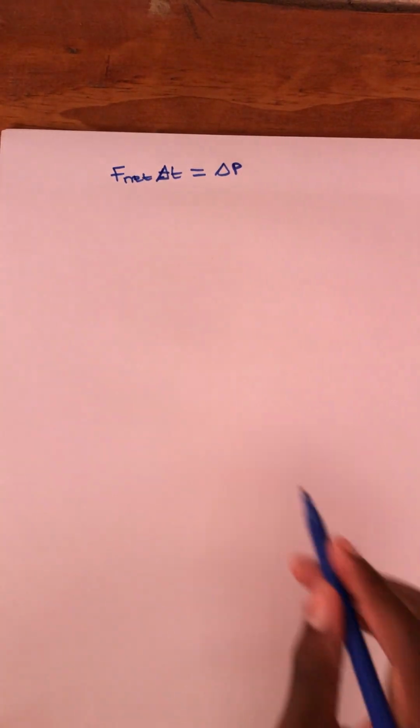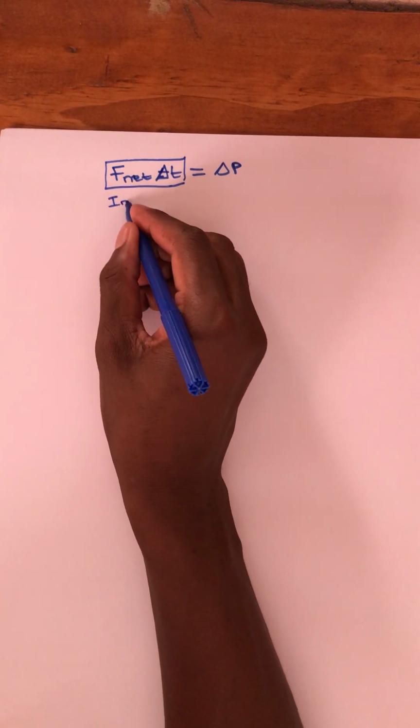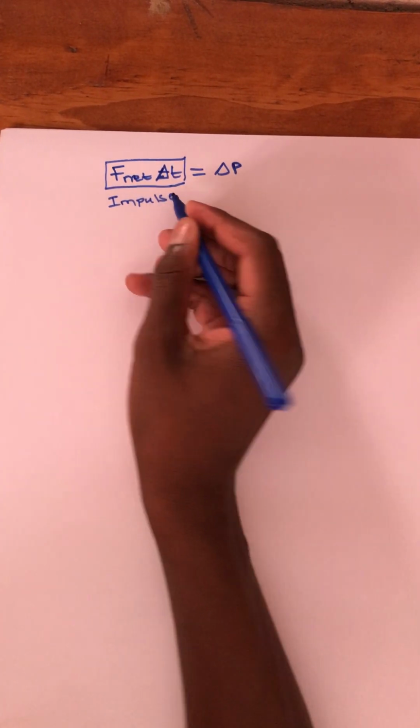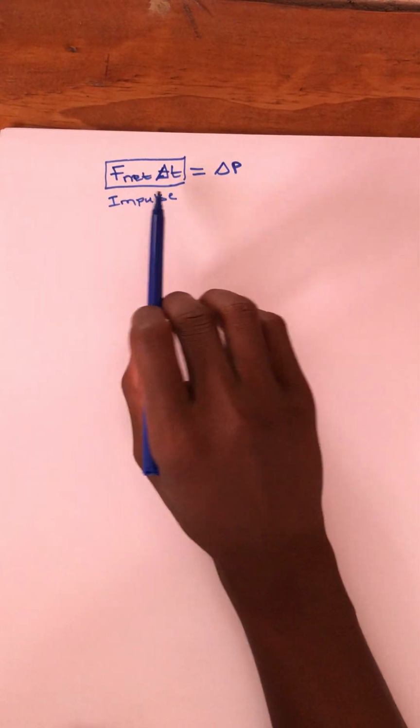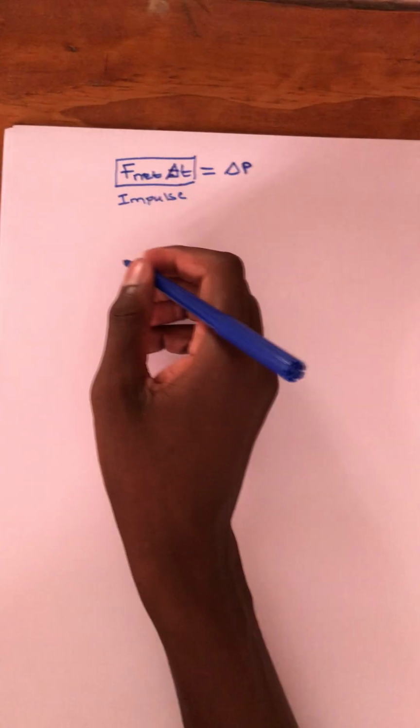This is our impulse. Since we are not given time, we can calculate the change in momentum. From the formula, impulse is equal to the change in momentum. So if we can get the change in momentum, we have the impulse. So let's calculate our change in momentum.